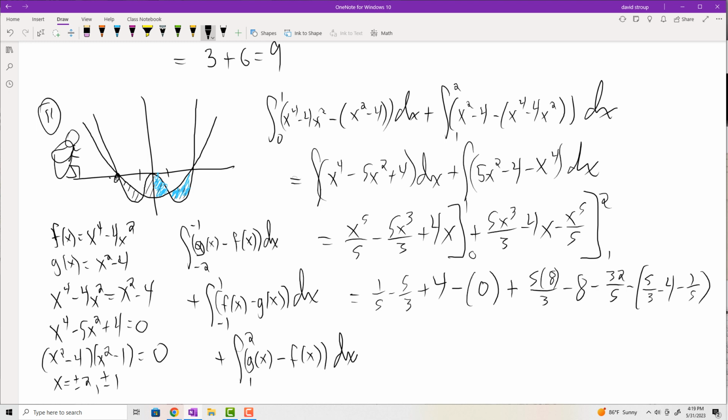And then again, I'm just going to go to my calculator, and hopefully it's set up in the right mode.